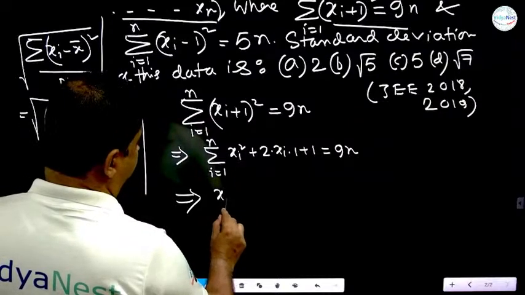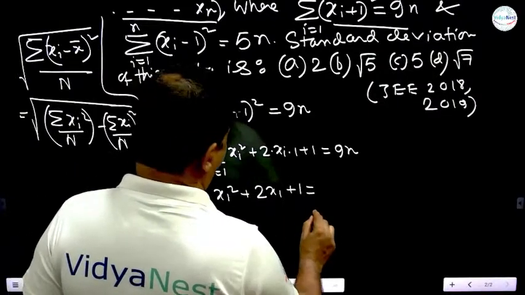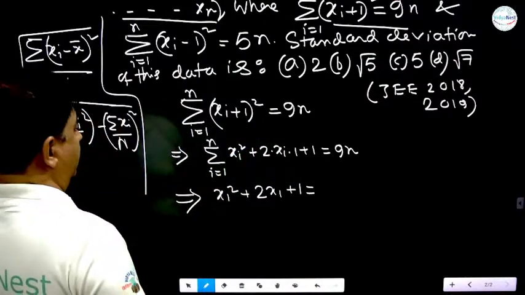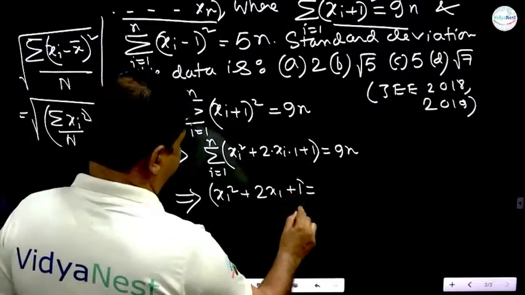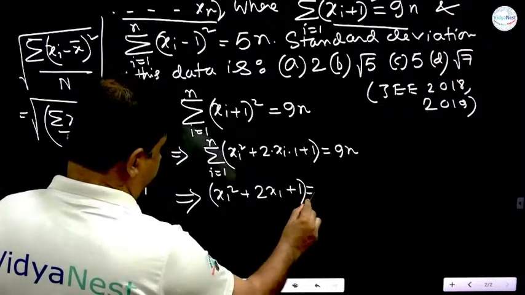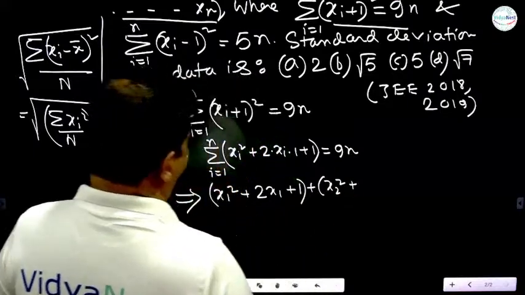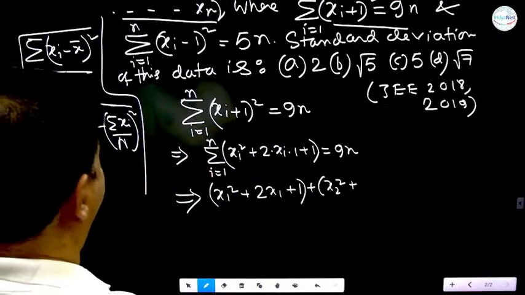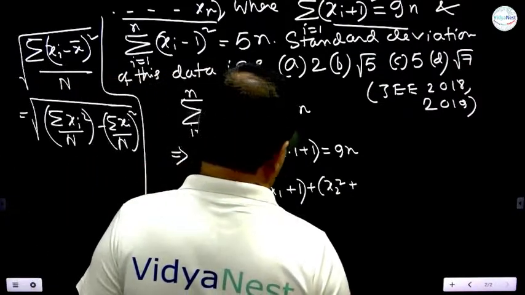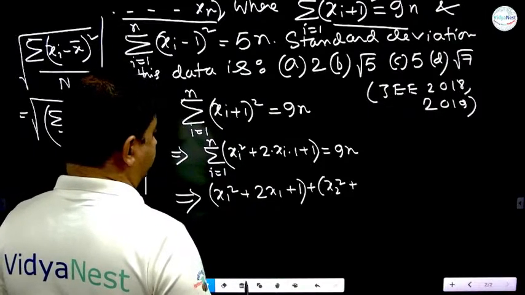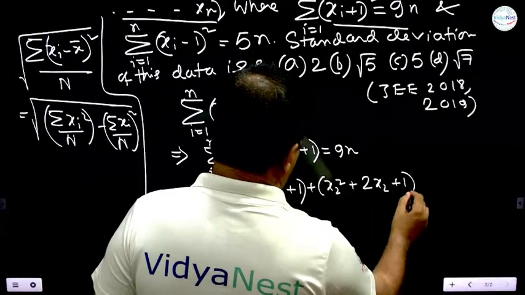First put 1: x1 square plus 2x1 plus 1, then plus, for i equal to 2, x2 square plus 2x2 plus 1.